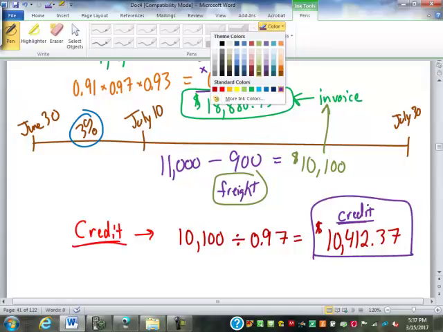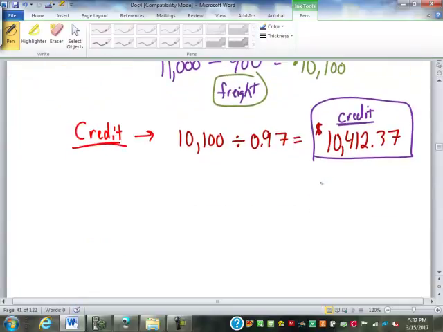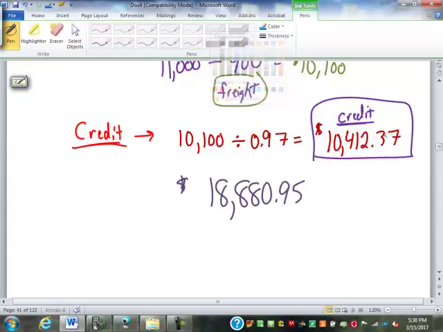So from that, to figure out the balance due, we take the invoice amount, the $18,880.95, and we will subtract from that the credit amount.